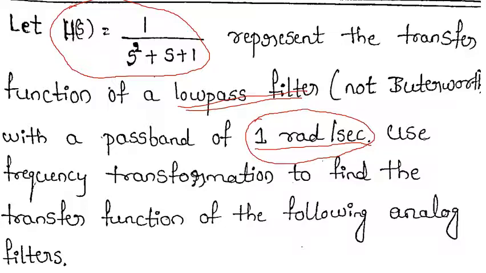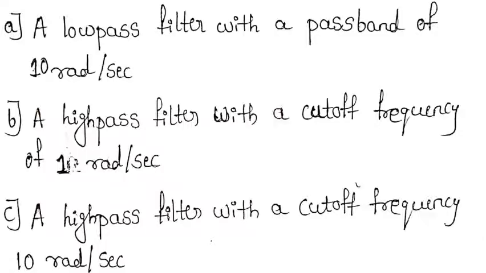we have to use the frequency transformation to find the transfer function of the following analog filters. Therefore, using the H(s) given in the question, we have to find the transfer function for a low pass filter with the passband of 10 radian per second.